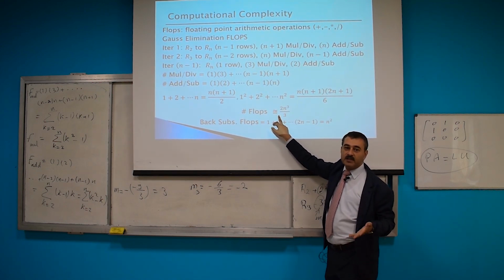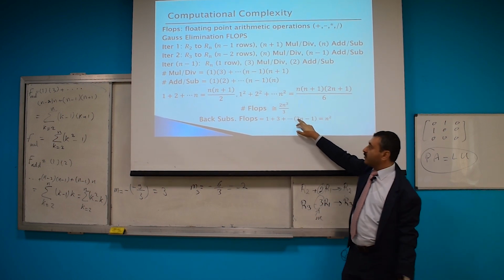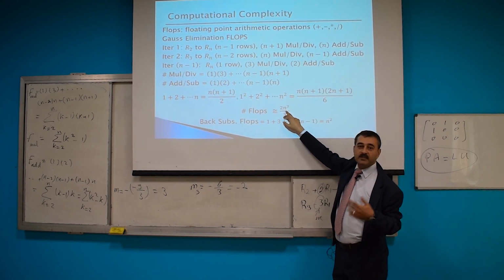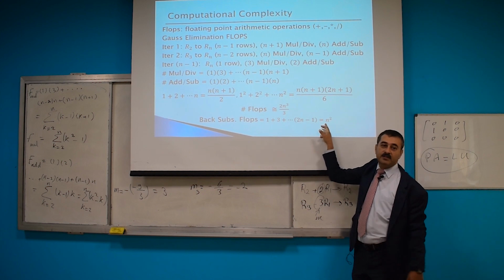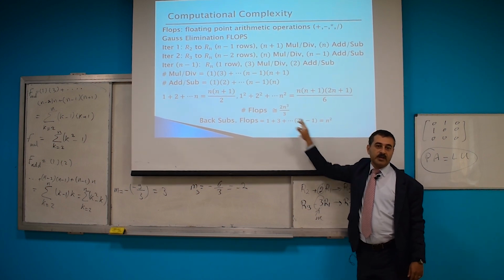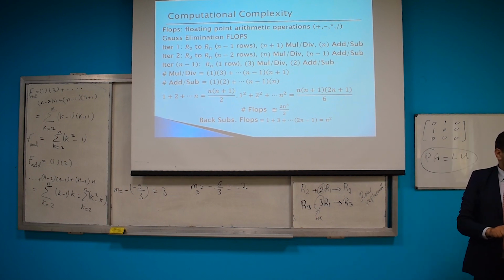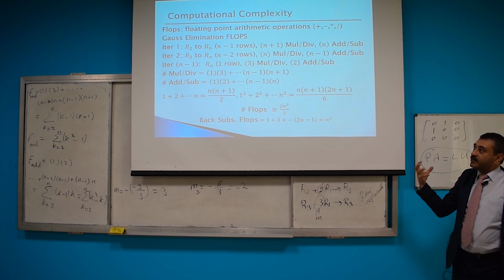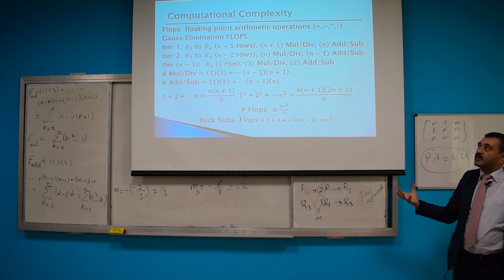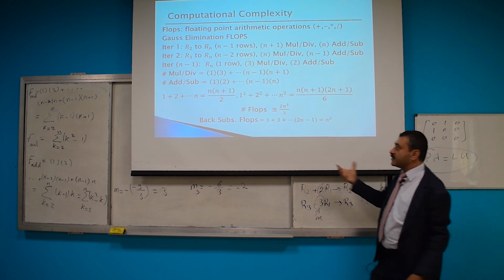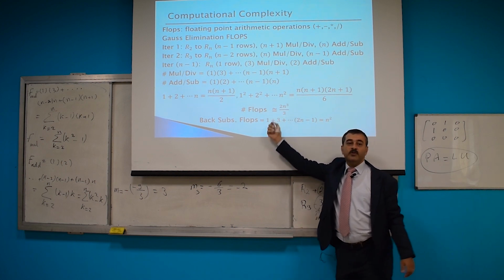If you have n, for example, 1000, this is of order 10 to the power 6, and this is of order 10 to the power 4. So this is negligible with respect to this guy. To summarize, for Gauss elimination with back substitution, the number of flops is of order 2/3 n cube.